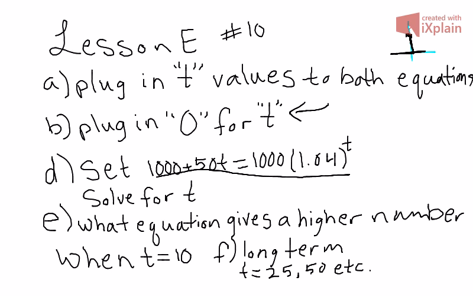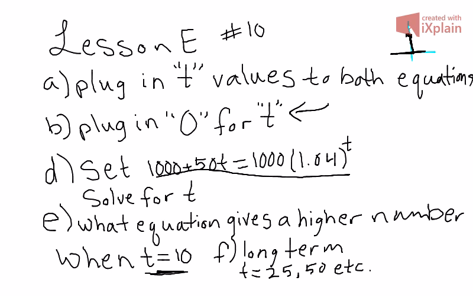Alright, so for E, we have which investment would you go with in the short term, less than 10 years? So when t equals 10, which one gives you more money? You plug in t equals 10 and check which one gives you more.